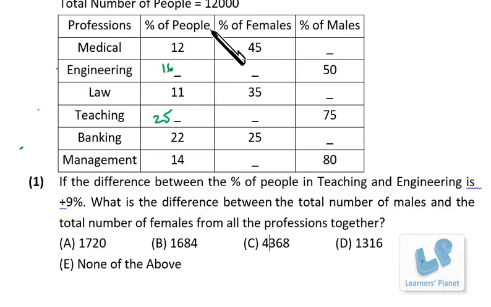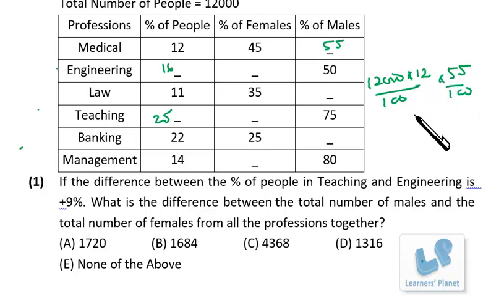Right now, for example, we have 12,000 people in all, so out of that 12% in medical. So 12,000 into 12% in medical. Of this, 55% are male. Okay, so this is the number of people in medical who are males.